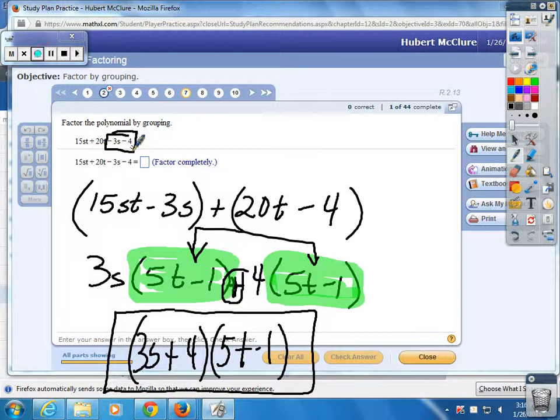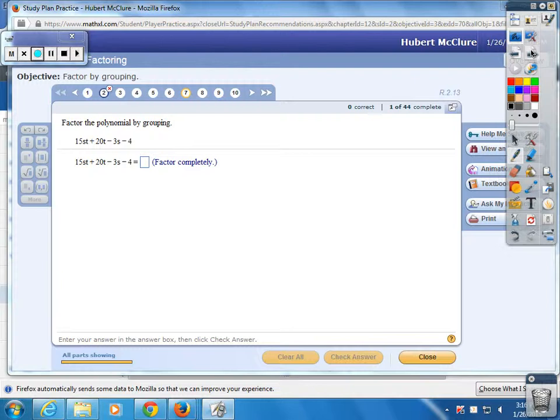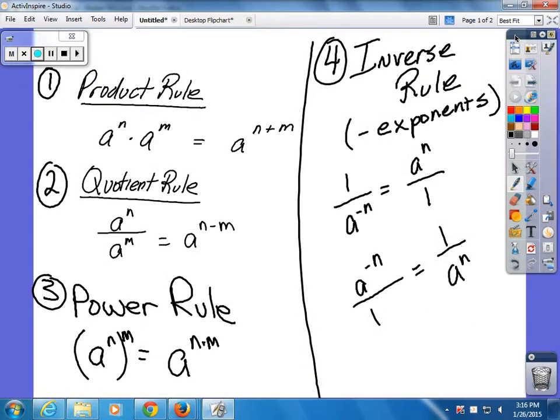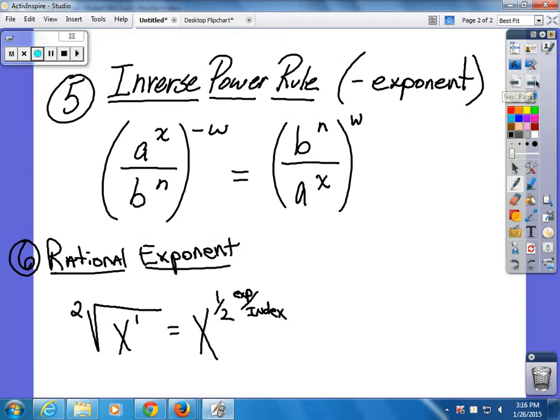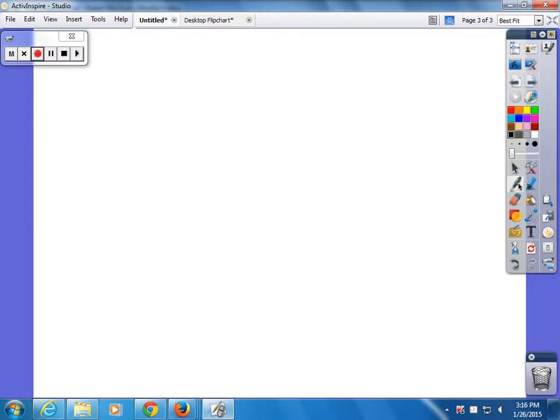Well, what does a 3 by 1 look like? Three by one grouping looks something like this.